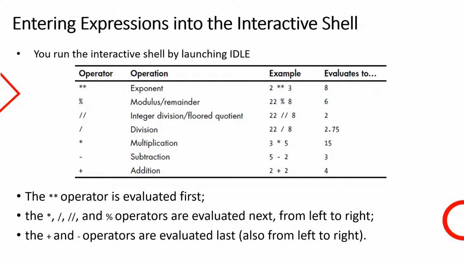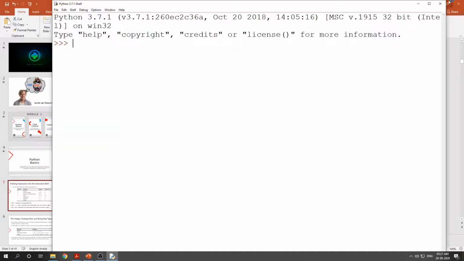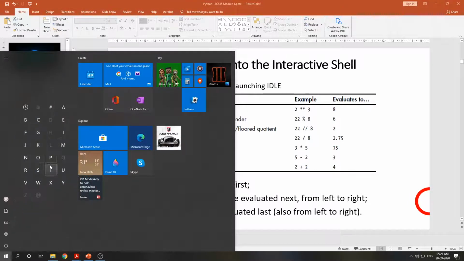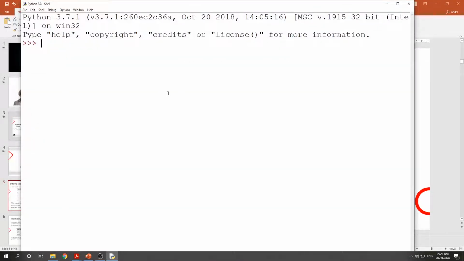So here first, how to enter an expression into IDLE. What you need to do, what I have told you already, see, you need to go to the start button, then here on this Python we have IDLE. So it will call this shell.